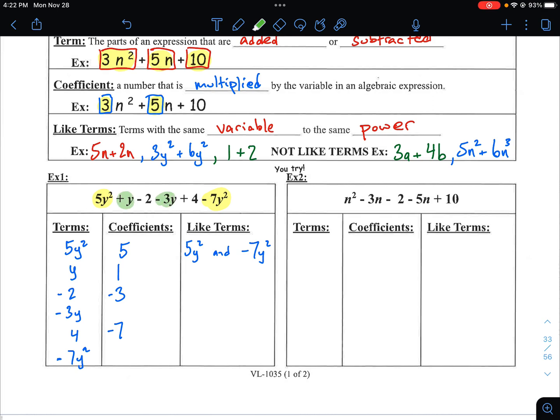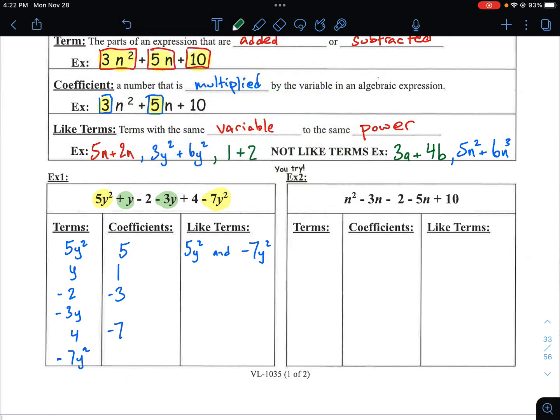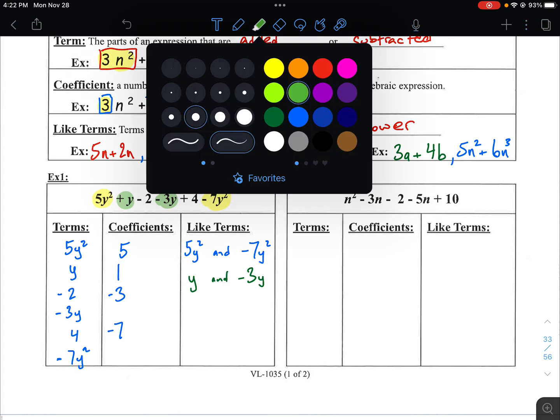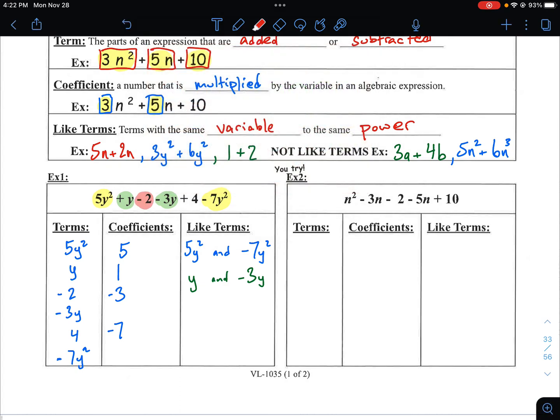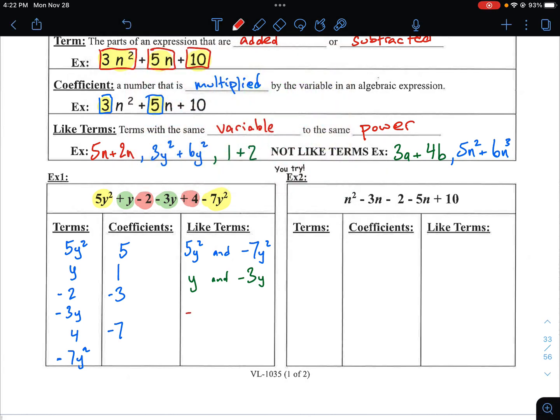Yeah, this one, 3y, or technically negative 3y. So we have y and negative 3y. And finally, any other pairs of like terms? We've got this 2 and this 4, or actually technically it's negative 2. So yeah, those are my like terms.